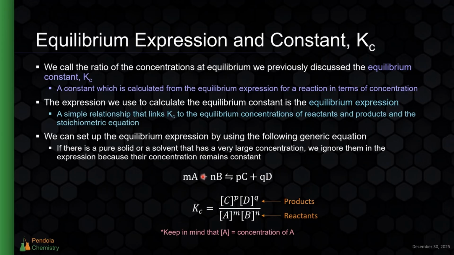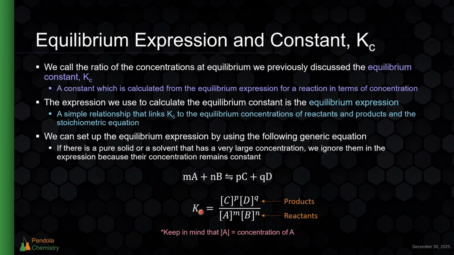So if we have, for example, mA plus nB going to pC plus qD, where A, B, C, and D are reactants and products, A and B are reactants, C and D are products. M, N, P, and Q are their coefficients, so the 1, the 2, whatever number might be in front of them when we balance the equation.